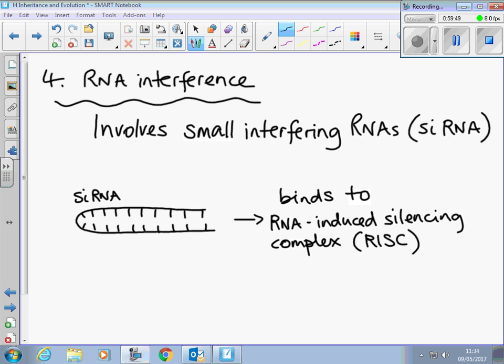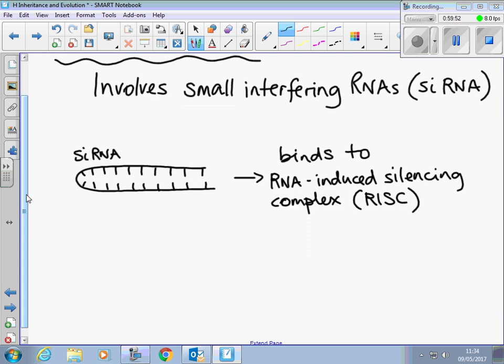Okay, now it's got a very specific base sequence. So that specific sequence, and when it binds to this protein, RISC, the RISC actually chops it in half.